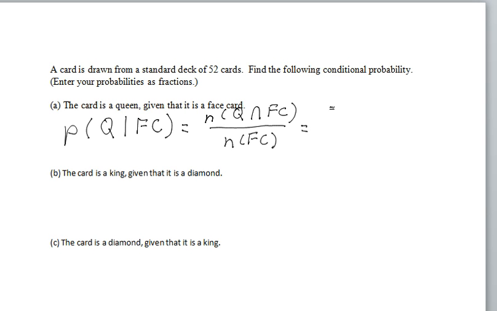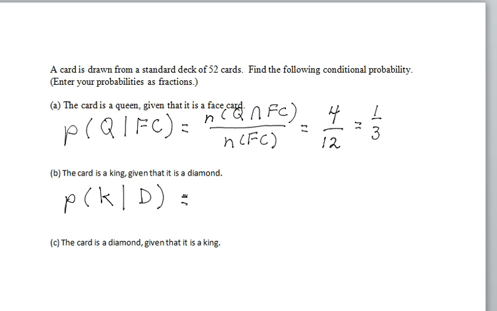Well, there are 4 queens that are face cards, one from each suit, and there are 12 face cards, 3 from each suit. This reduces to a probability of 1/3. The second example is the probability that we have a king given that it is a diamond.